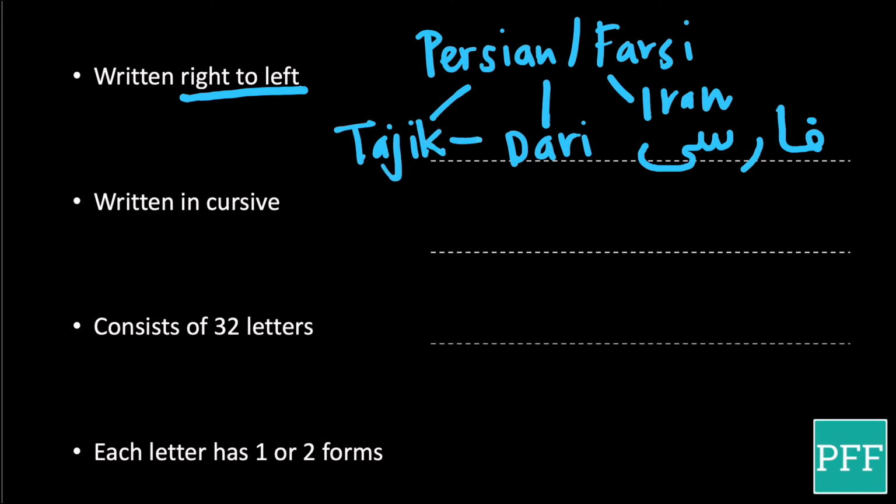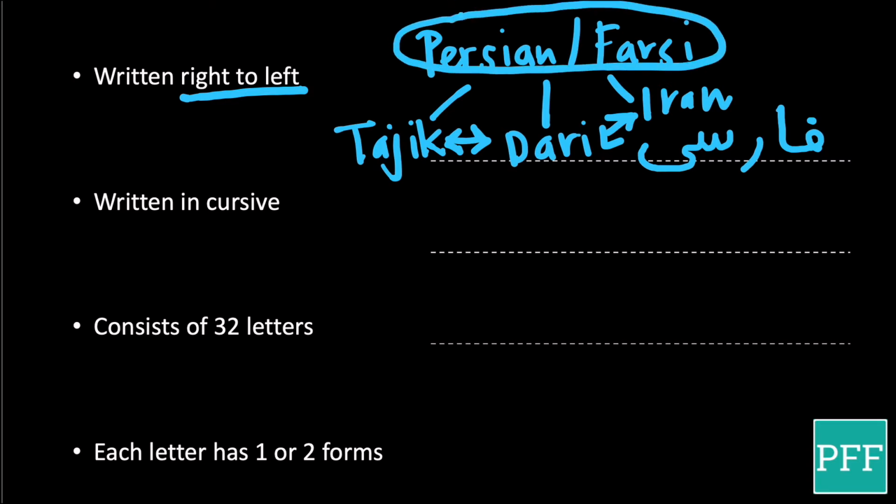And all of these languages are mutually understandable to each other. So if you learn one, you can communicate with folks that speak the other two. And these are all languages that fall under the umbrella of Persian/Farsi languages.